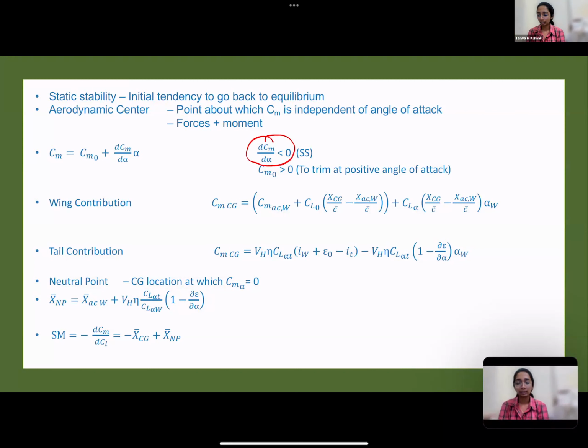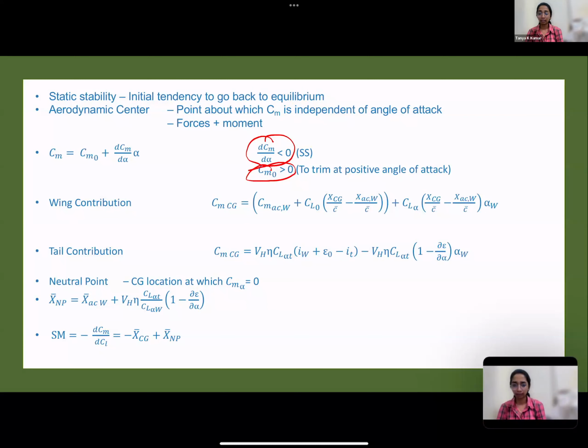This condition that we had seen in one of the questions: Cm naught should be positive to trim the aircraft at positive angles of attack. It's not a requirement for static stability. It's just a condition that ensures that you can trim the aircraft at positive angles of attack. The only condition for static longitudinal stability is that Cm alpha, or dCm upon d alpha, should be less than 0.